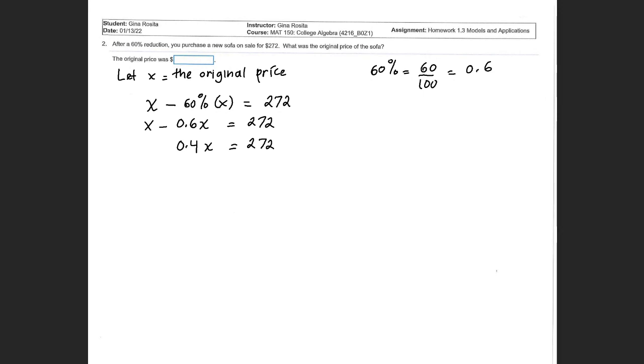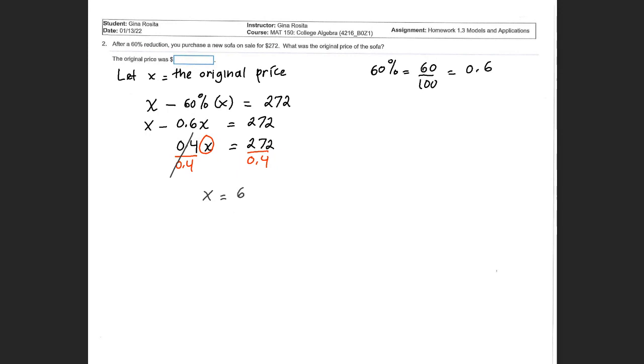Now we need x, so I will go find x. You have to divide by 0.4 on the left side, and of course you have to divide by 0.4 on the right side, so this is going to cancel. So x equals 272 divided by 0.4.